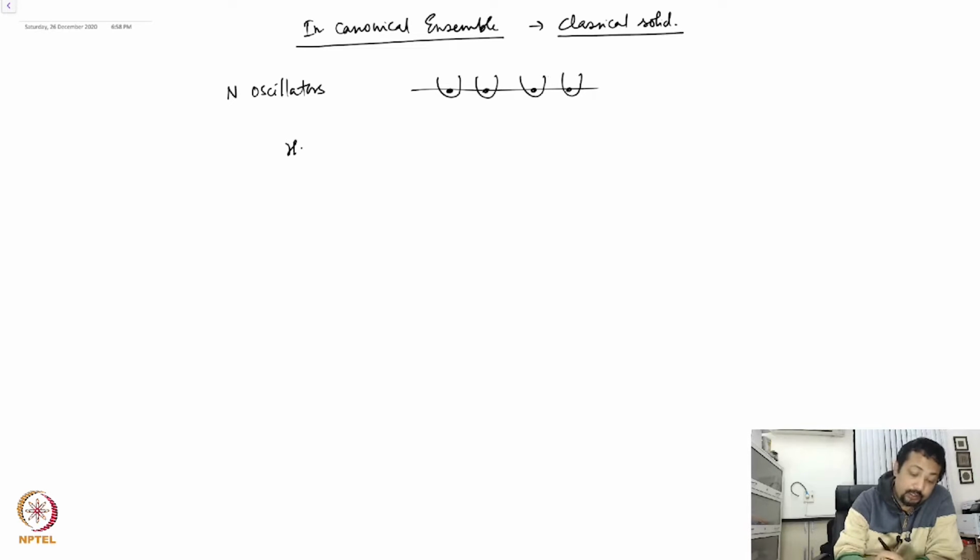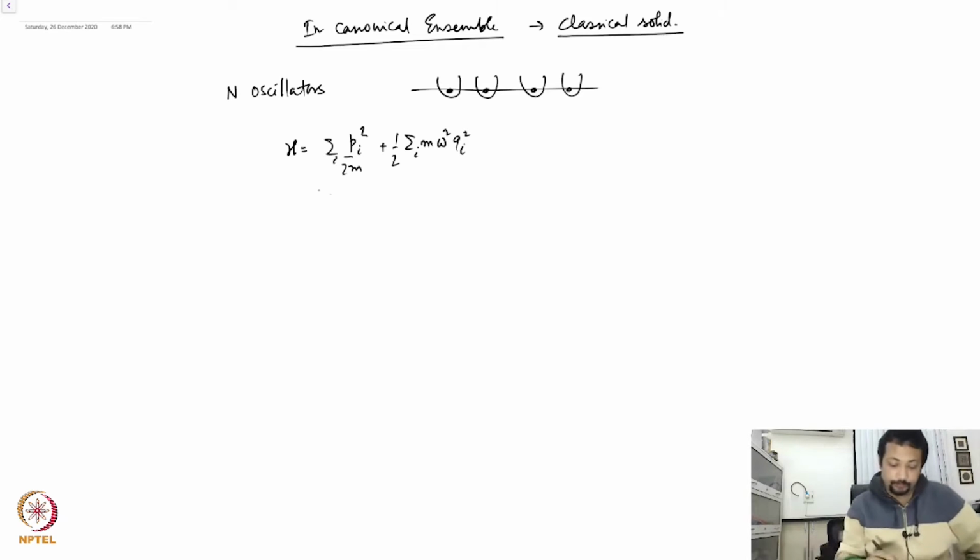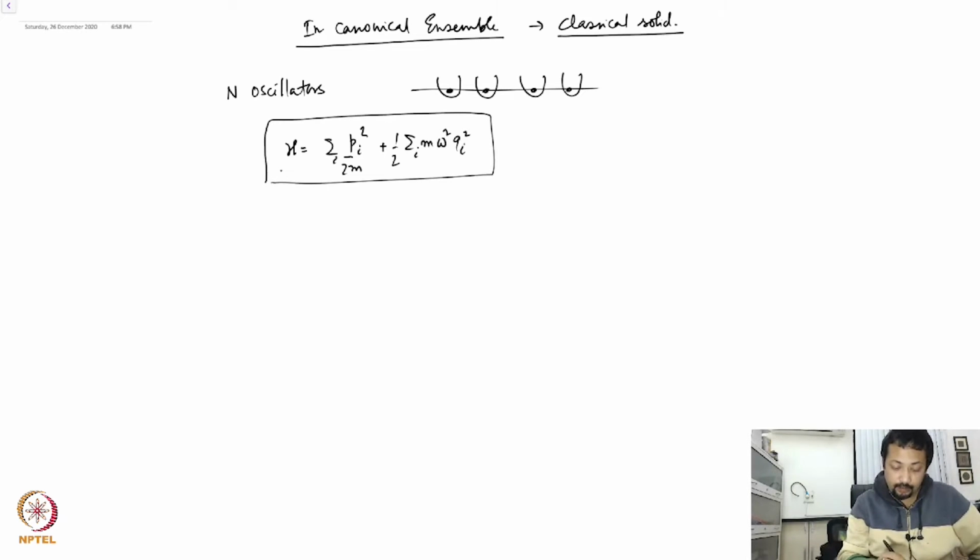So that the Hamiltonian is given by sum over i of p_i squared over 2m plus half m omega squared q_i squared. Now this, as we have said before, is in 1D, one-dimensional space. The generalization to higher dimension is not a very complicated problem.